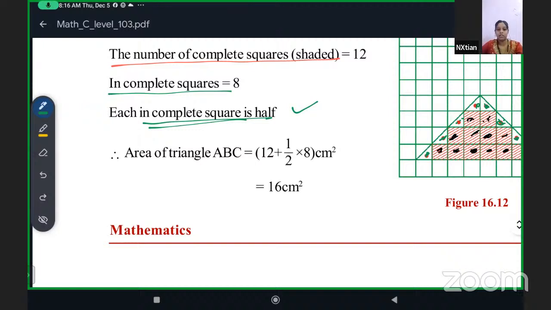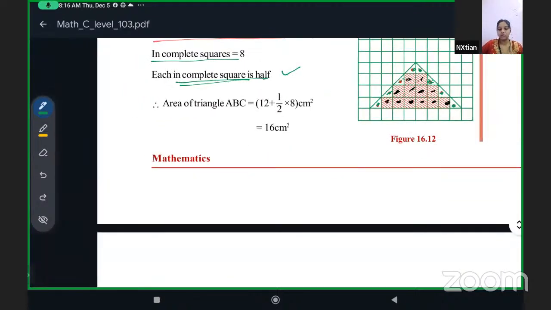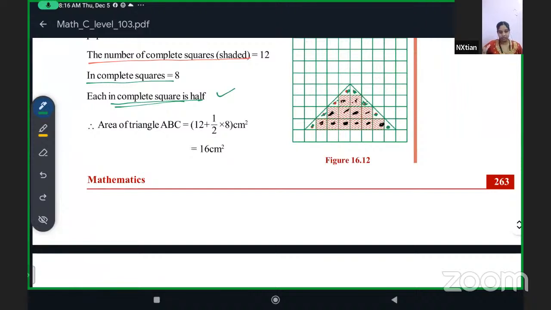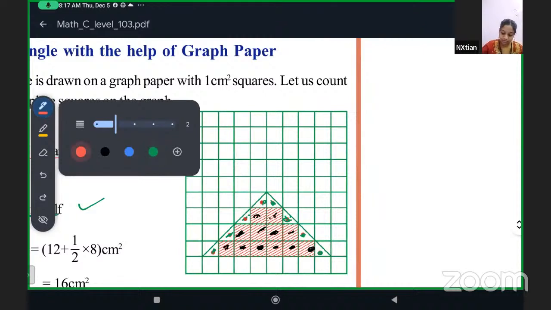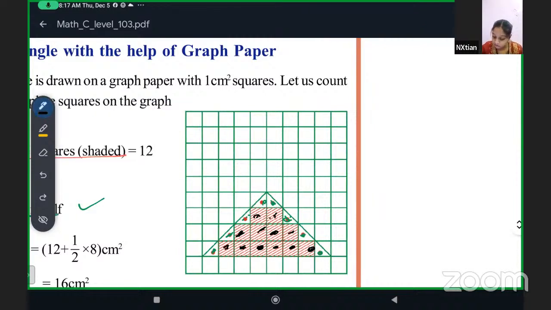Okay. So now moving on. Now this is one part of it, where there are fully shaded squares or half shaded squares. What if we have squares which are shaded like this? Let me do the black one.